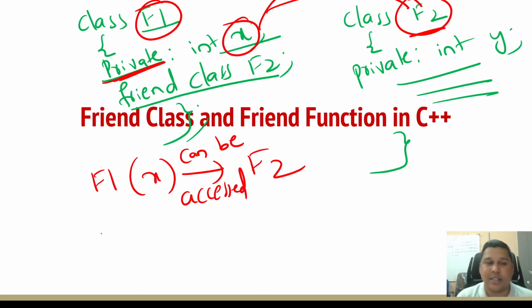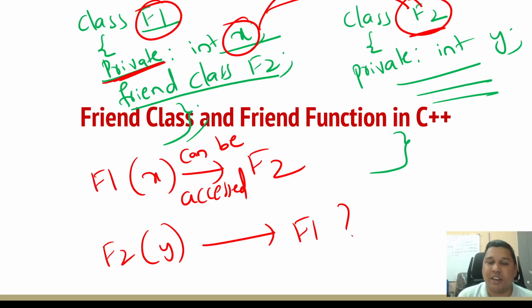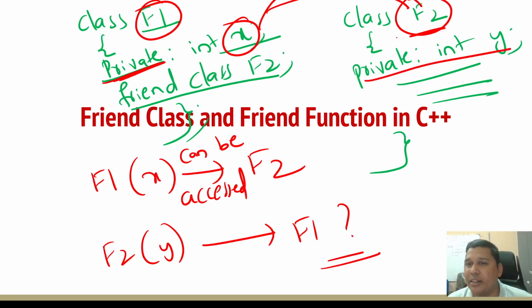Now my question is, F2 class has a variable y. Can this be accessed using F1? Because it is private int y in F2, and I am saying that F1 and F2 are friends. F1 has a variable x which can be accessed by F2. F2 has a variable y.